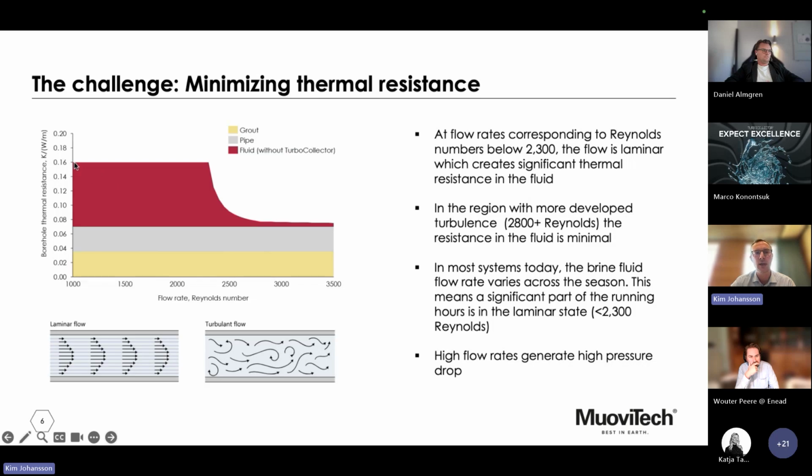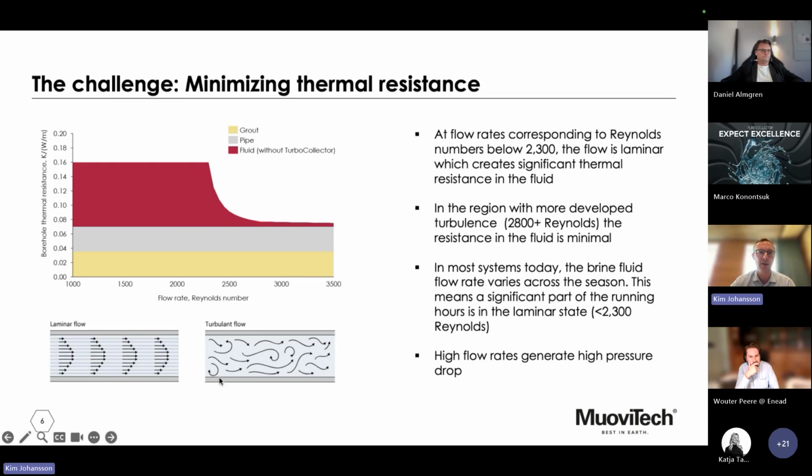So if we increase the flow rate and the Reynolds number, eventually we will come to a point where this resistance will start to decrease. And eventually it will be a very small resistance. What's happening here is that we are going from a laminar state in the fluid to a more turbulent state. And this affects the combined borehole resistance a lot.